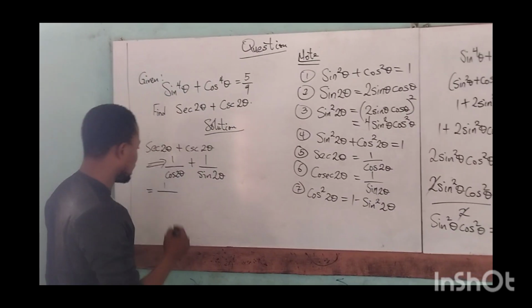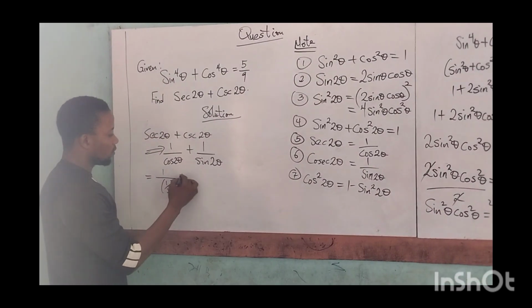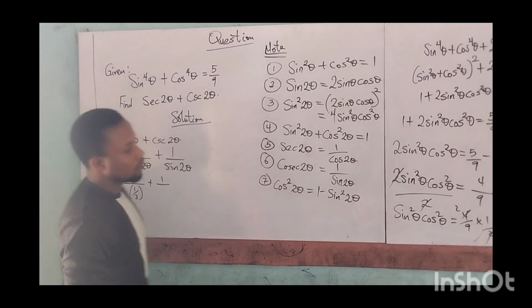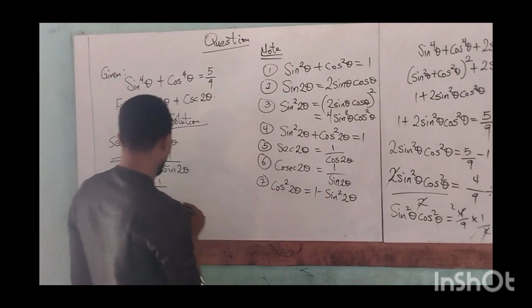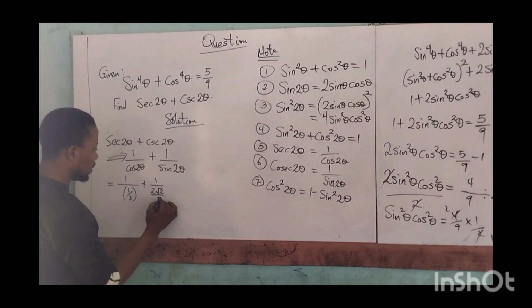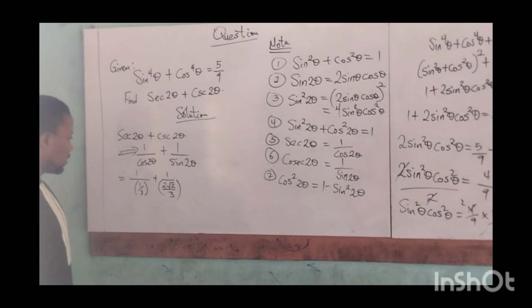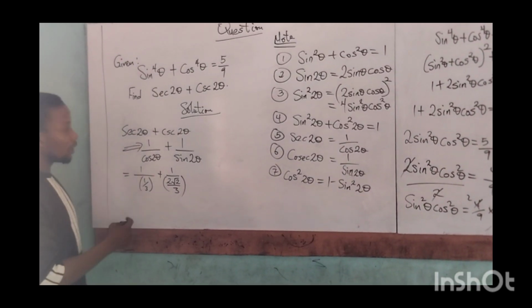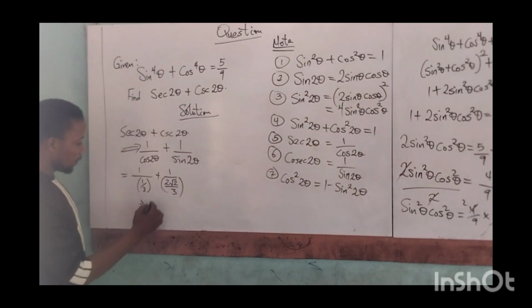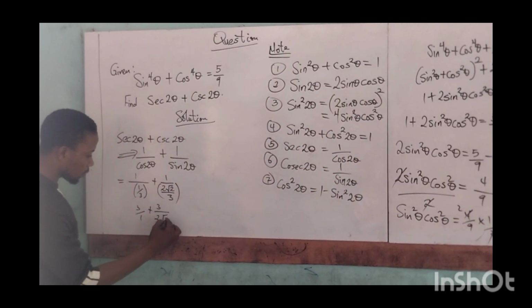That's 1 over 3, plus this one, 1 over 2 root 2 over 3. So if I turn this in fraction, just the way we do our indices, I can do this one to be 3 over 1 plus 3 over 2 root 2.